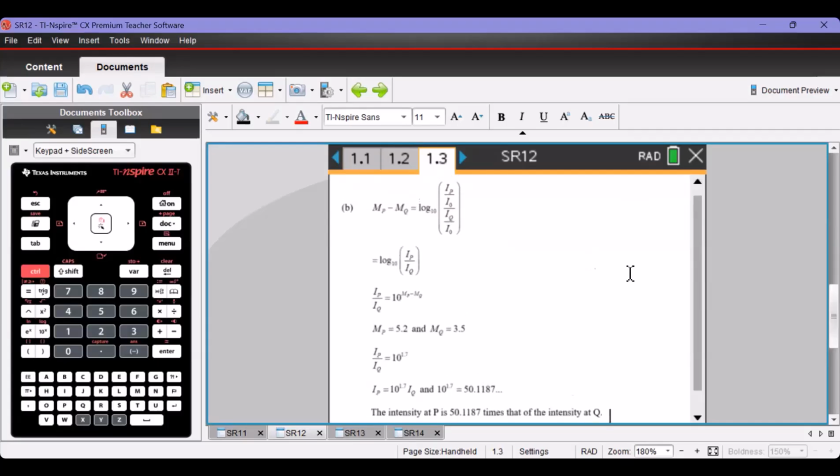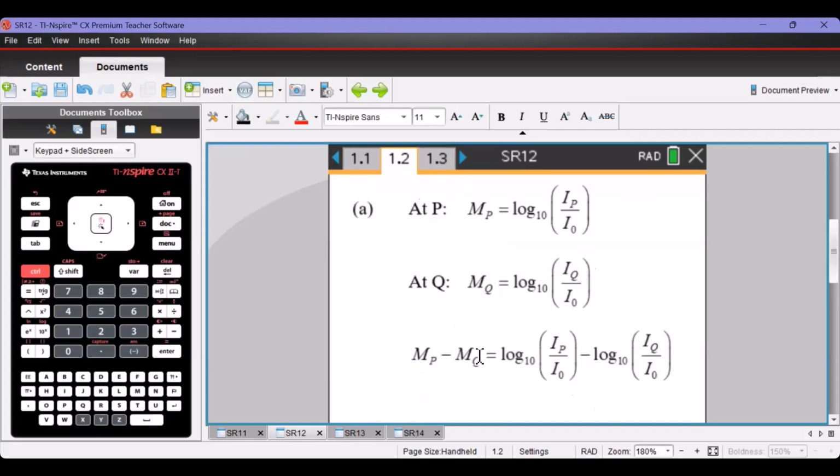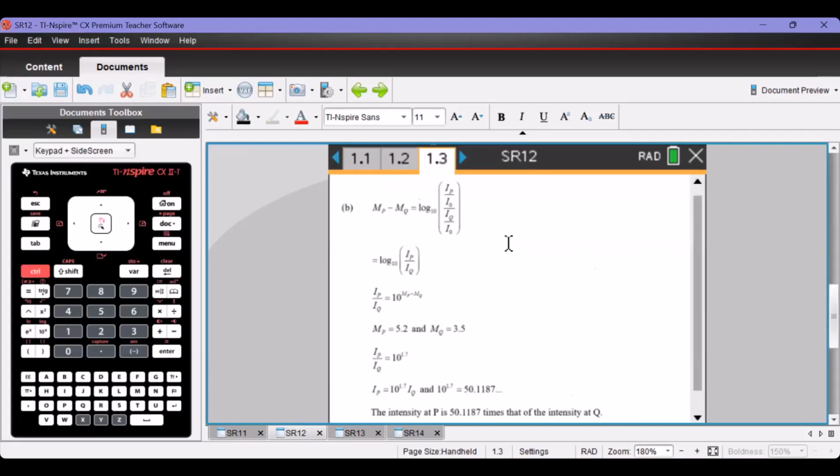Basically, in going from this line here to the first line of part B, I've used the log laws, and the important log law that, for example, log A minus log B is equal to log of A on B. In other words, we've re-expressed MP minus MQ as log to the base 10 of IP on I naught divided by IQ on I naught.